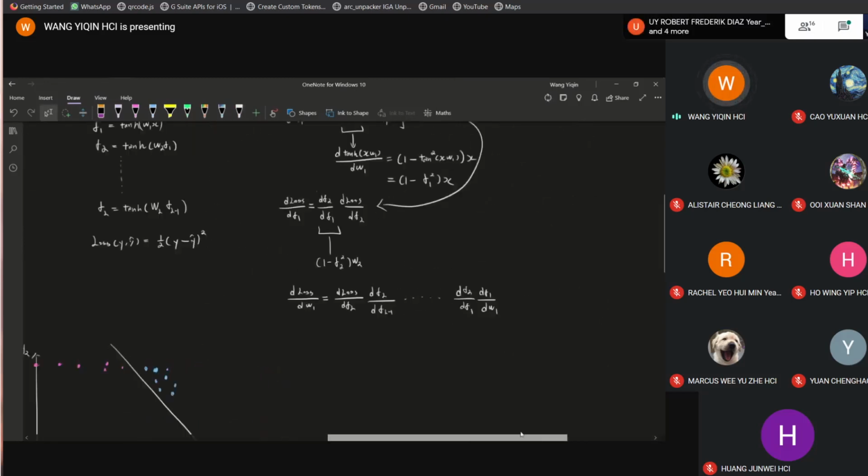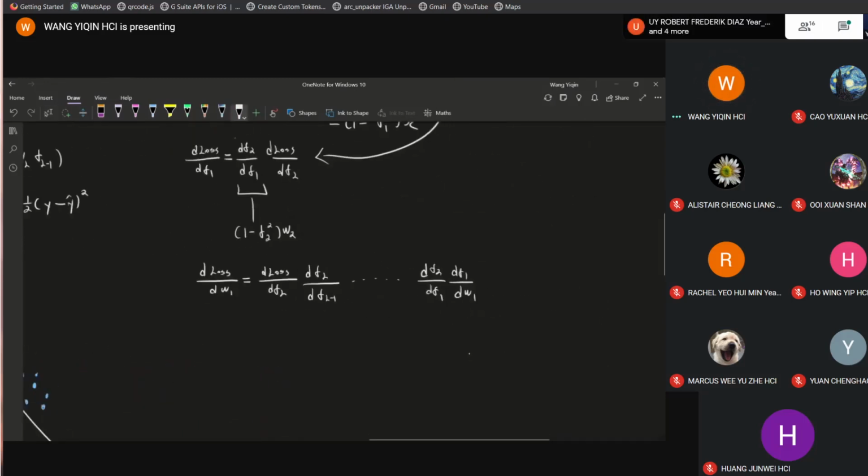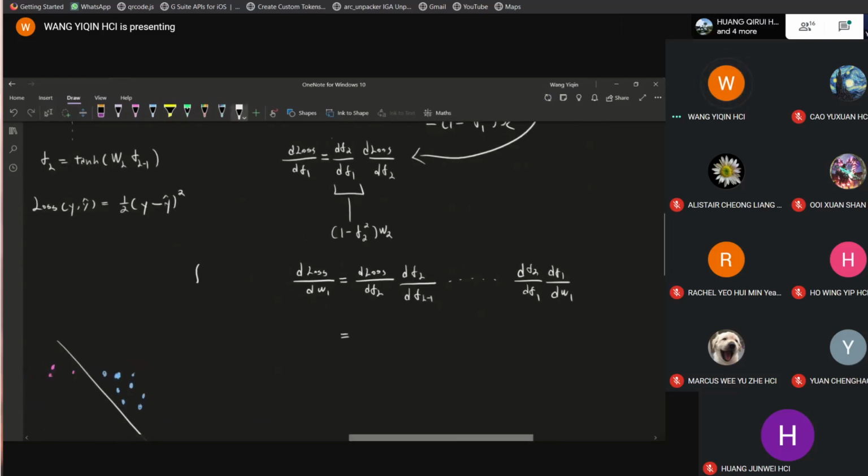If you actually go ahead and compute this, the derivative of your loss with respect to fL, with y hat, is just negative of y minus fL.